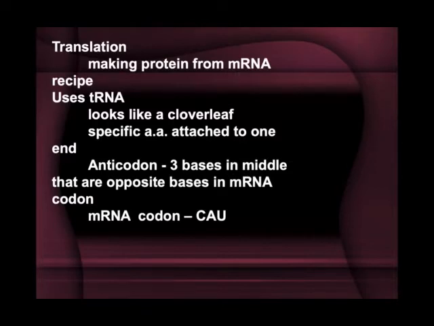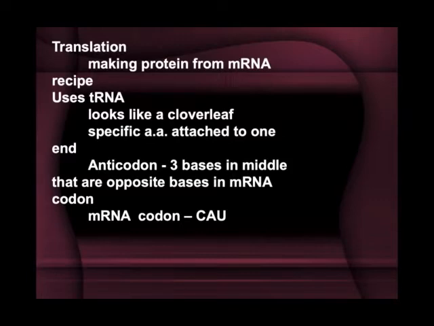A specific amino acid gets attached to one end of it, and on the other end, the top leaf of the clover leaf, is what we call an anticodon. It has 3 bases in the middle that are opposite to the bases in the mRNA.